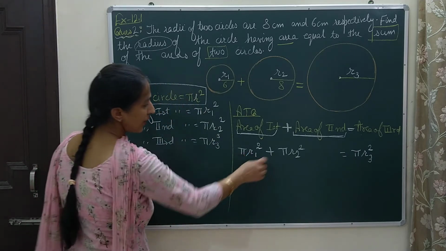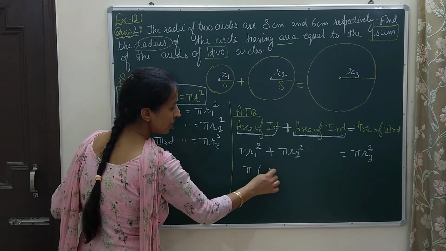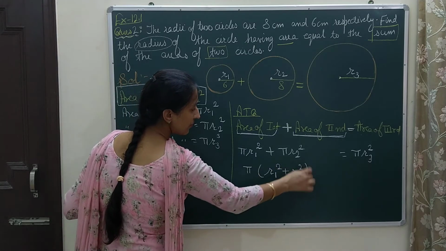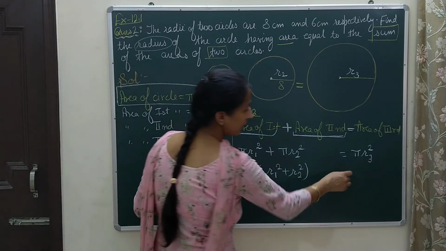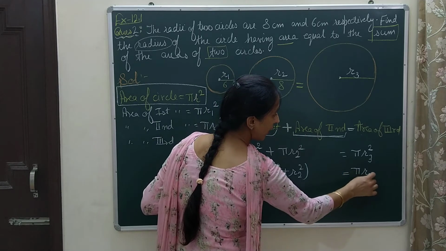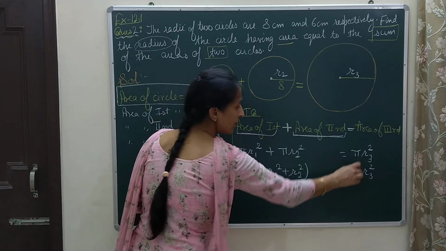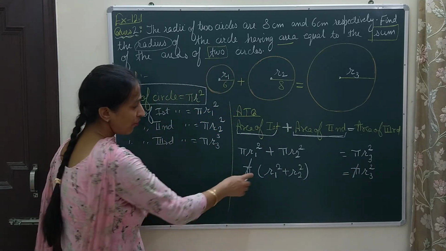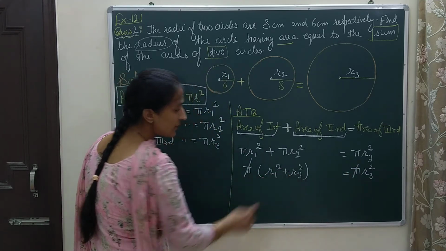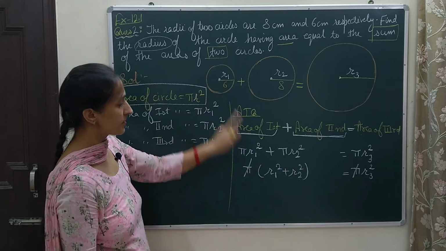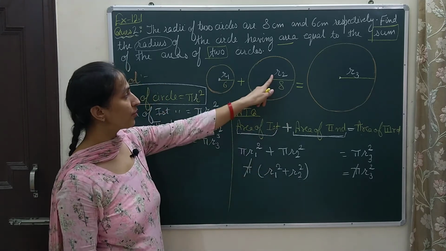If I take pi common from these two, I am left with r1 square plus r2 square within the bracket, and on the other side I have pi r3 square. Now I can cancel pi on both sides. What is left here? r1 square plus r2 square. I know the value for r1 is 6, and the value for r2 is 8.